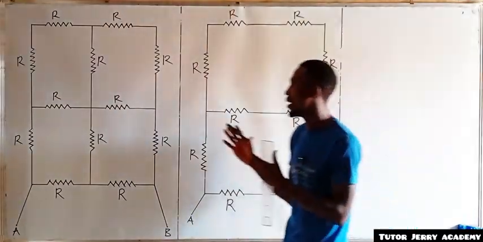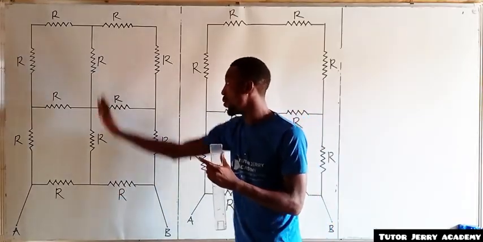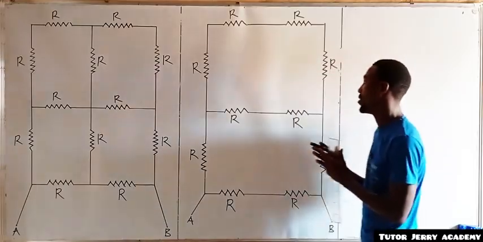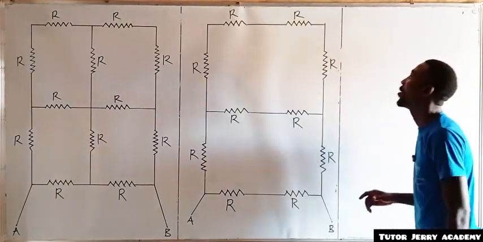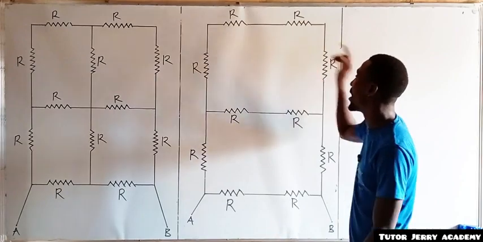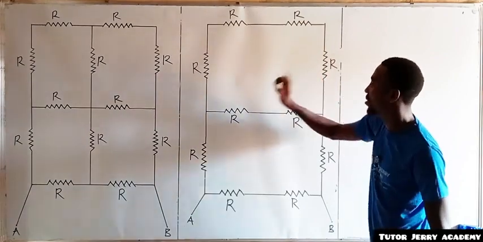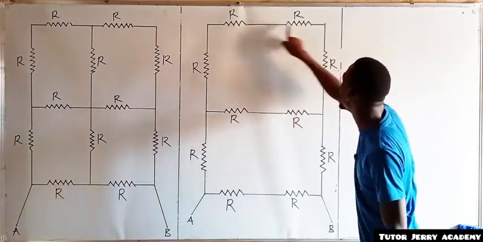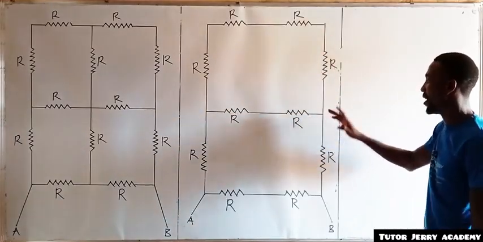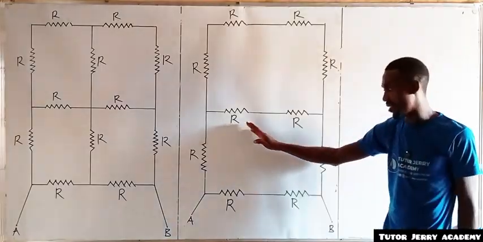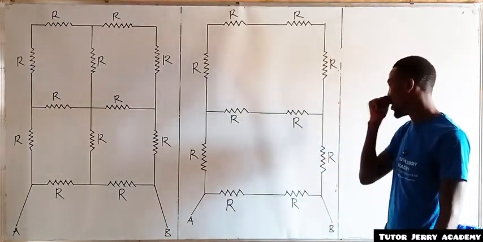And hence no current is going to flow through these two resistors. Now you will observe that this and this are in series, and not only that, from this point, everything here is in series, and these two are also in series. This and this are also in series.